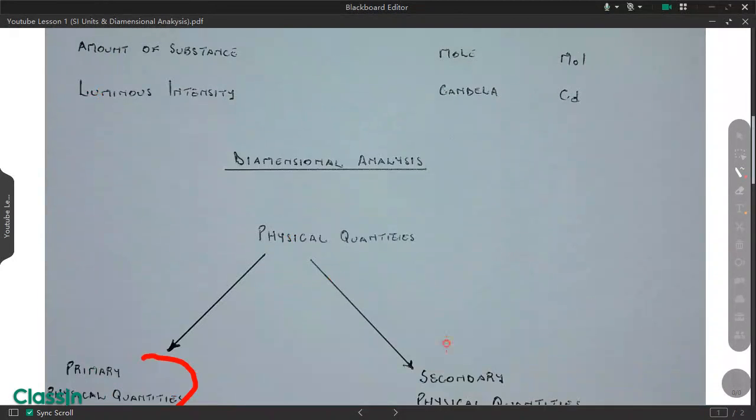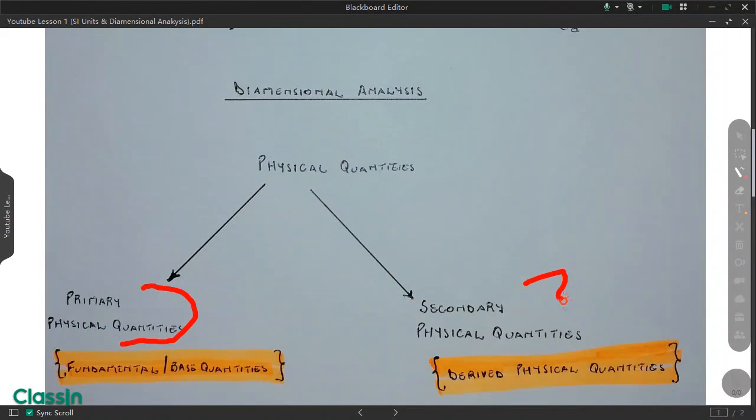And then we have the secondary physical quantities, which are derived from the base quantities, such as acceleration, power, pressure, force, energy, whatever the case may be. Those are your secondary physical quantities because they are derived from the base quantities, the fundamental ones, the MLT.